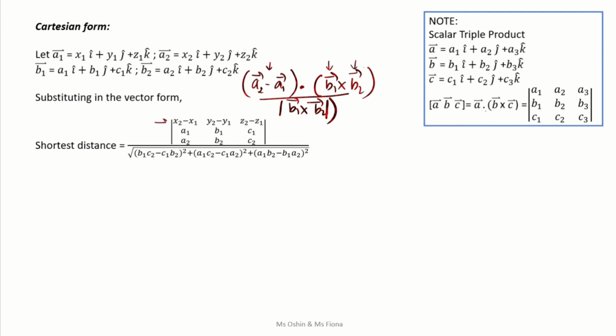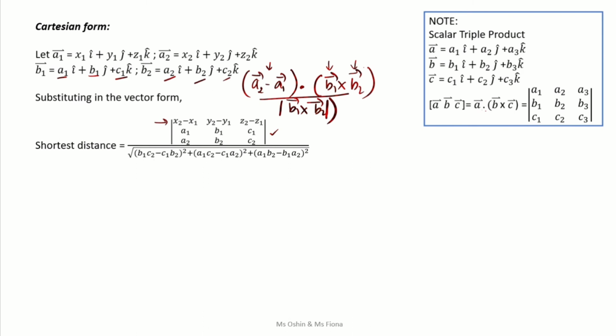The direction ratios of A2 minus A1 are x2 minus x1, y2 minus y1 and z2 minus z1. Direction ratios of B1 are a1, b1, c1. Direction ratios of B2 are a2, b2, c2. Hence we get the numerator.